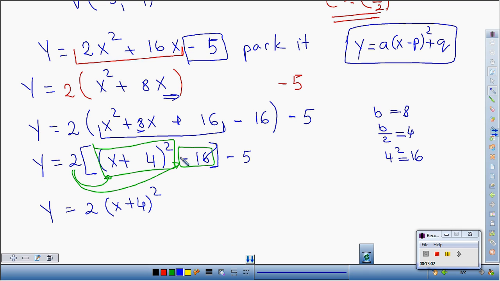Now 2, positive 2, times the negative number gives me negative 32, minus 5. And now we can group like terms again. So y equals 2 times x plus 4 squared minus 37.